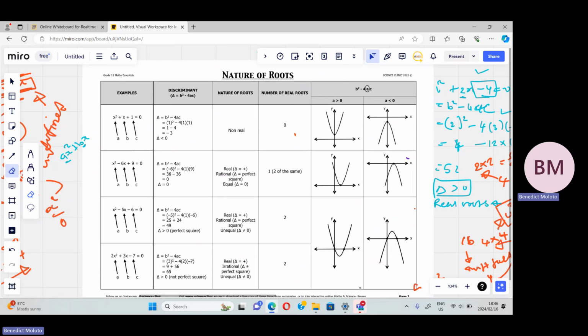Remember, if it's not a perfect square, it's irrational. If it's a perfect square, it's rational, right? So here we got an expression. We determine the discriminant. Let me just say the nature of the roots, which basically is the expression of what the root is. Number of real roots, right? Here they're just giving me the number of real roots.